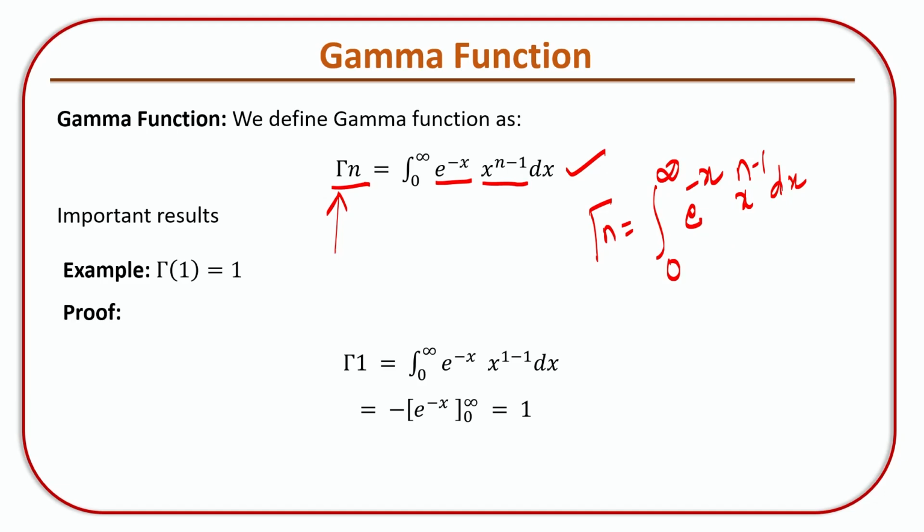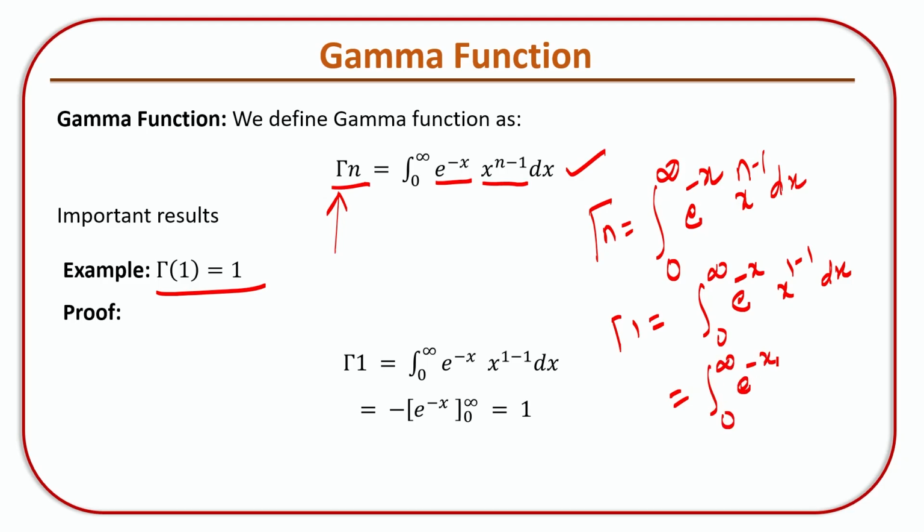So, with this definition can we evaluate gamma 1? Let us try to evaluate gamma 1 first. Gamma 1 is equal to 1. How can I prove this one? So, gamma 1 can be written as the integral from 0 to infinity of e to the minus x, x to the power 1 minus 1 dx, right. So, this comes out as the integral from 0 to infinity of e to the minus x dx, right, because x to the power 0 is equal to 1.